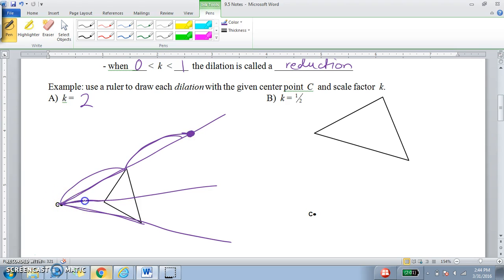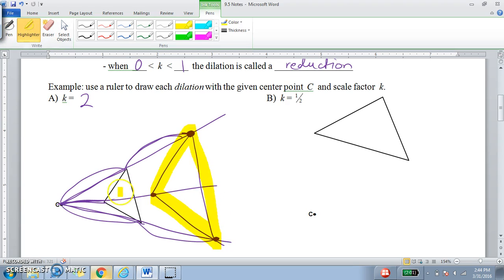Here to here, and then twice as far along that line. So our final image would be this. If this was our pre-image, this is our image right here. It's twice as big and twice as far away from the center.